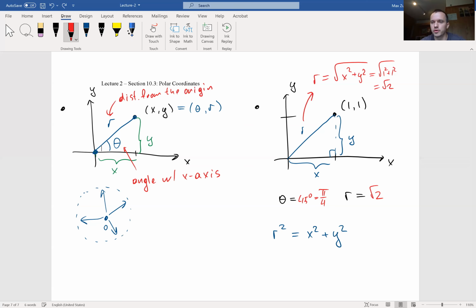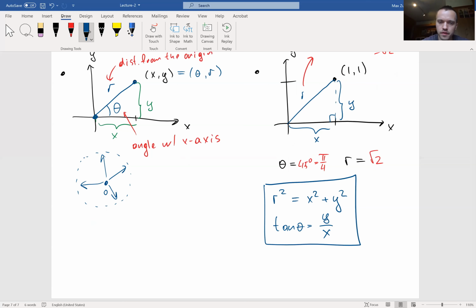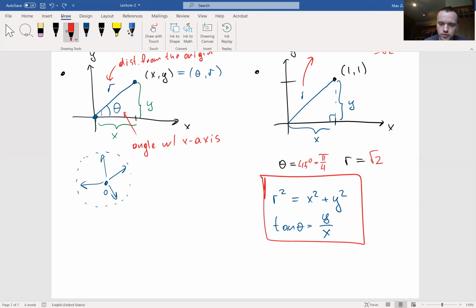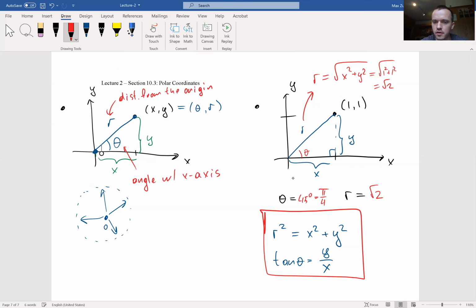Okay, and can anyone tell me what about the angle? How did you figure out that the angle is pi over 4? I know the tangent of theta is going to be equal to y over x, so the opposite side over the adjacent side. And sorry, I lied, this should be a red box. These formulas you need to remember. In this case, this is my theta, and tangent of theta is equal to 1 over 1, so it equals 1.